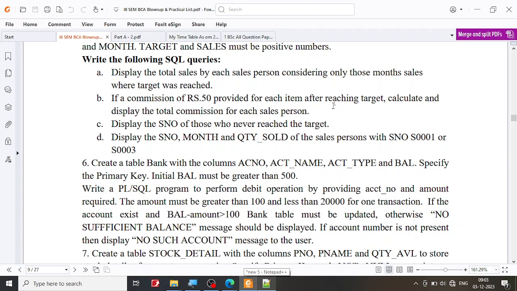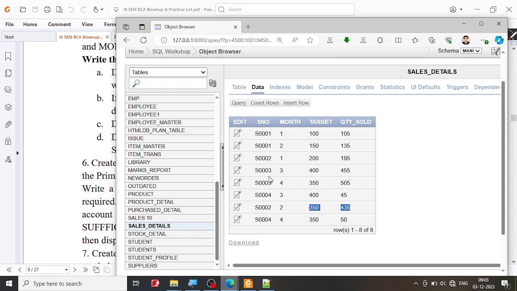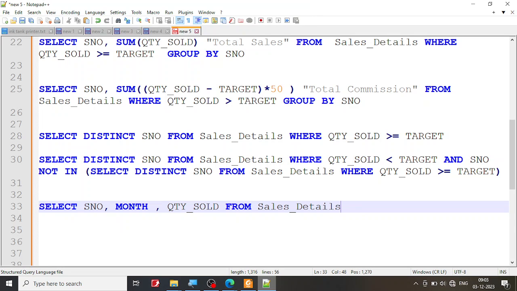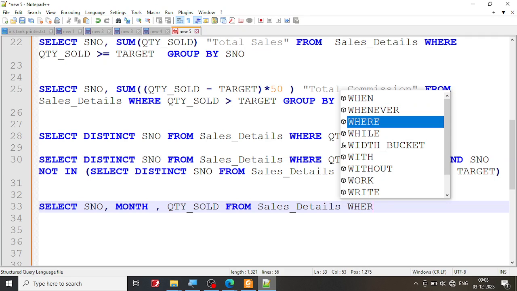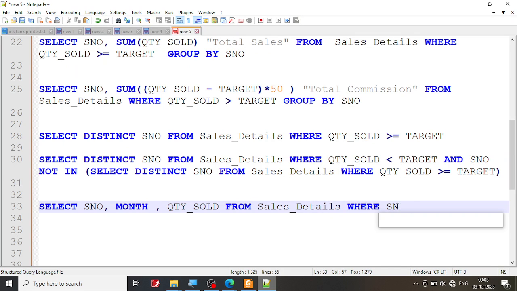So get the details of serial number 001 and 003. That's simple as that. There is nothing much to be done. So where serial number in, what is this one?